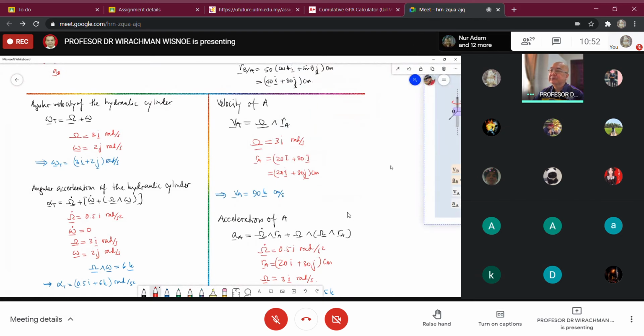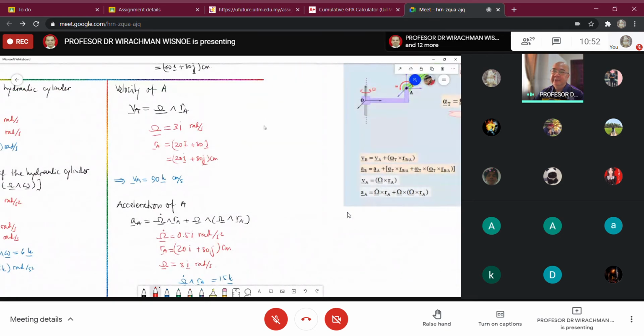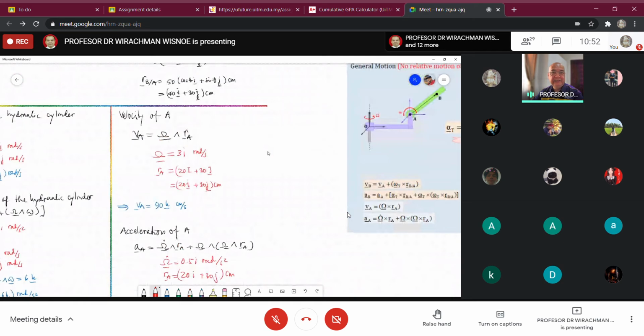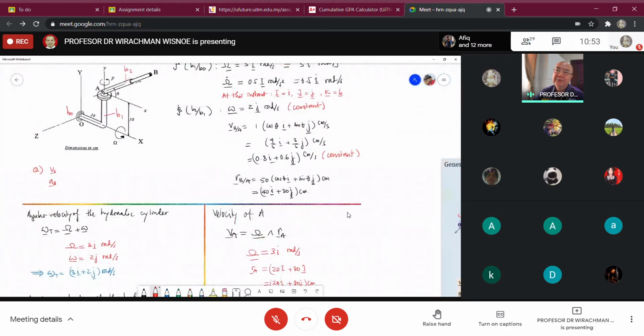Having this one, you calculate VA separately. VA is the tangential velocity of point A relative to O. So it's just the cross product between the angular velocity and the distance. The question is, which angular velocity? Since you want to calculate VA, this point doesn't rotate with respect to the moving frame.